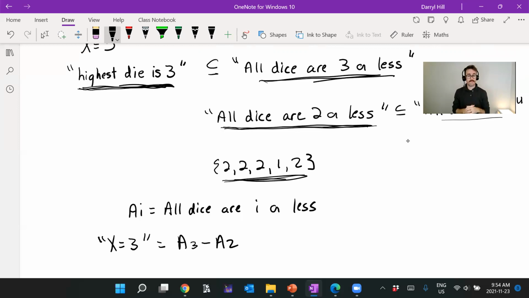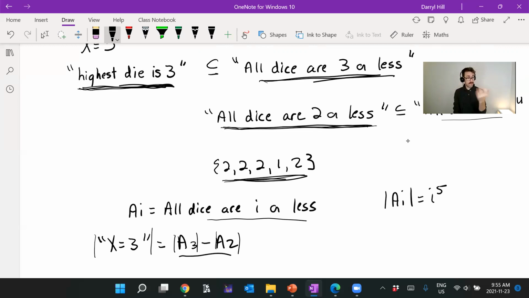All right, so all dice are 3 or less, that's easy to count, right? So if I want to count this, I can count these 2. So the event all dice are i or less is simply each die can take on the numbers from 1 to i. There's 5 dice. So there are i to the 5 of those.